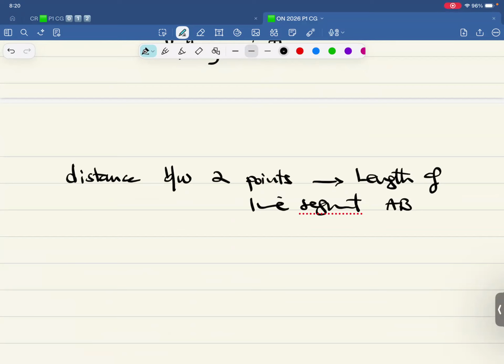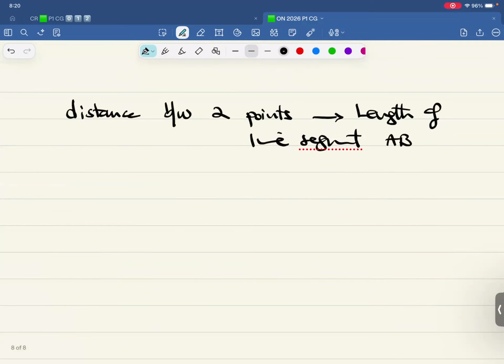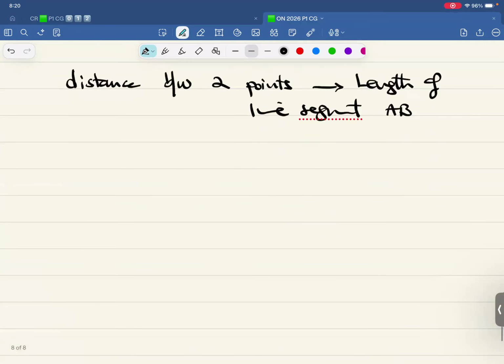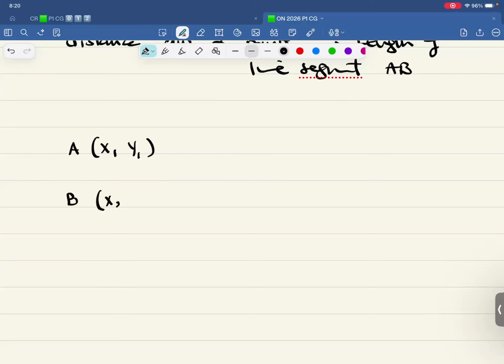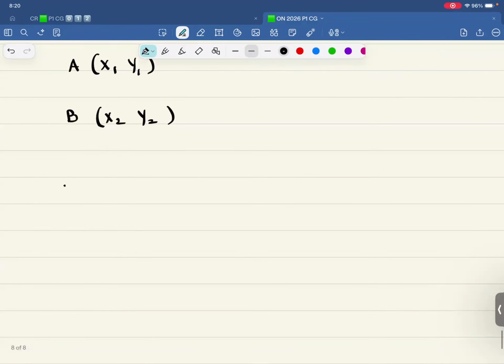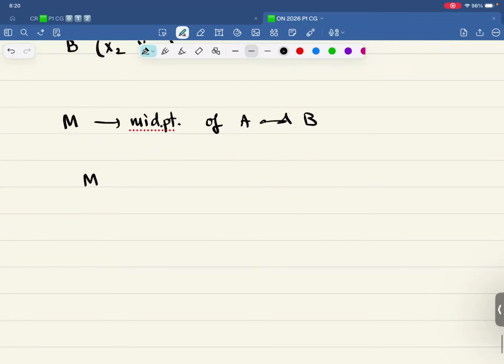Okay. So now what else can we do? Let's talk about the midpoint formula. If A is x1, y1, and B is x2, y2, then the midpoint M would be the average of the x coordinates and the average of the y coordinates.